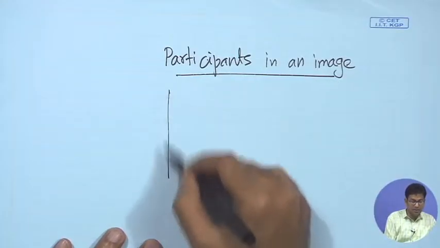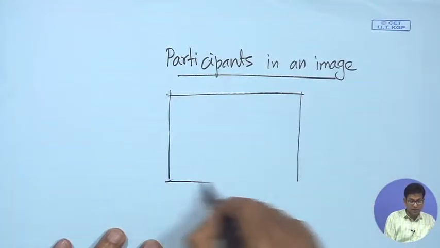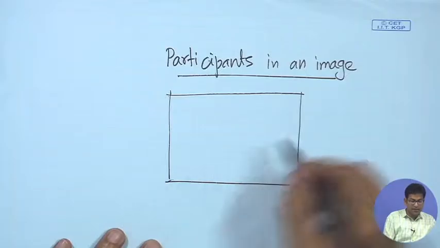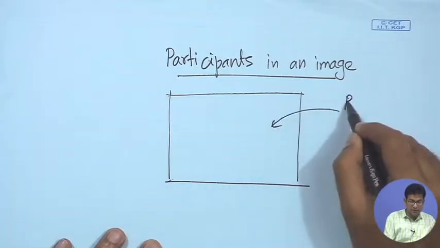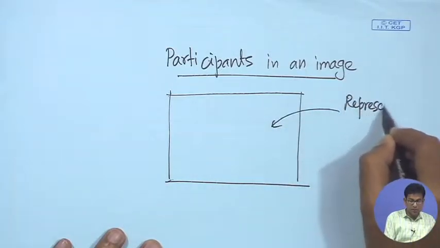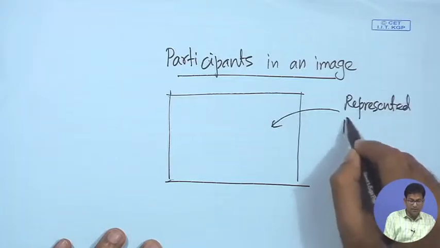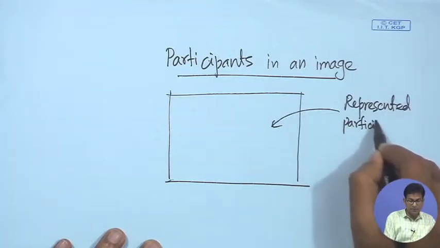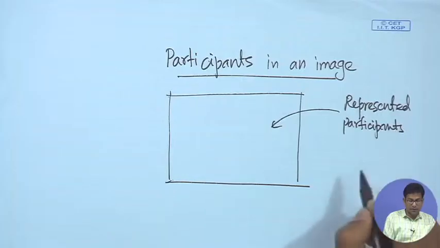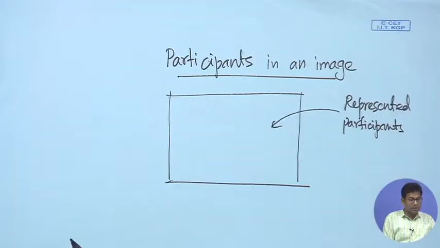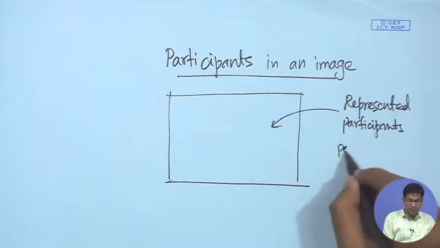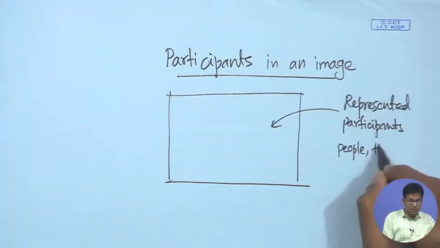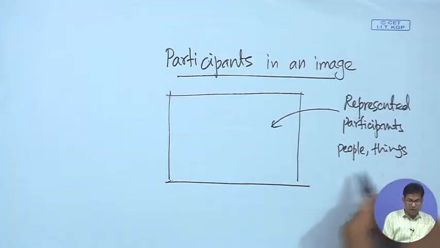An image has participants, and the first participant is the represented participant. So, you have the represented participants in the image, and they could be people or things or places and many other things.